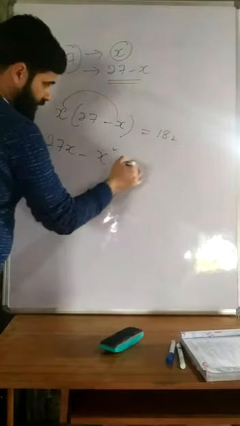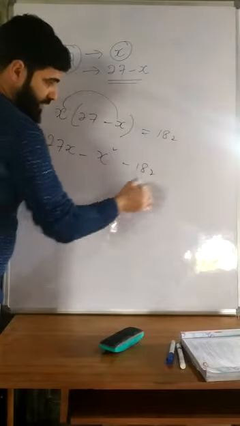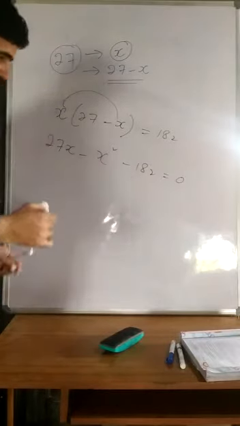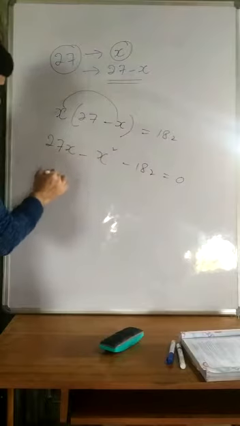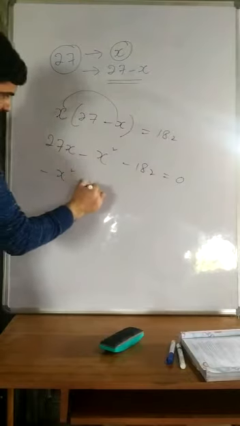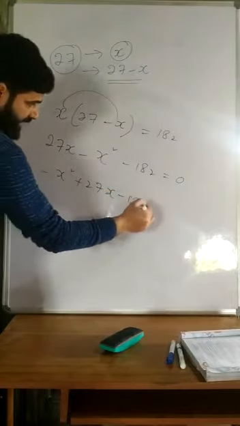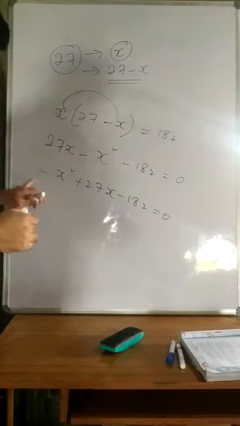You can transpose this 182, it will become minus 182, and here it is 0. Now you can write it like this: minus x square plus 27x minus 182 equals 0.